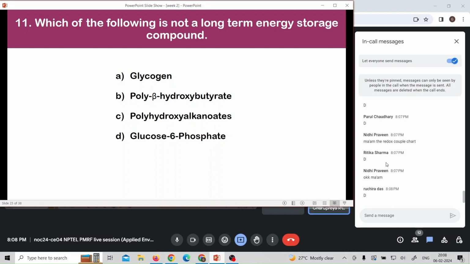Whereas glycogen, as you all know, stores energy, and when the body is in need of energy, glycogen is broken down again to glucose, and it is used for energy.